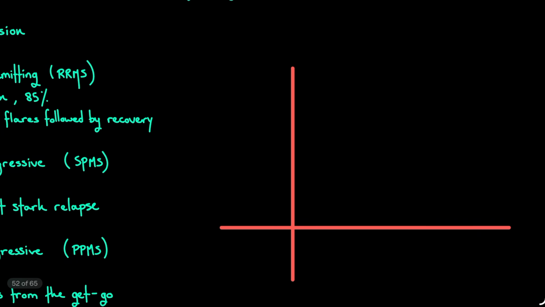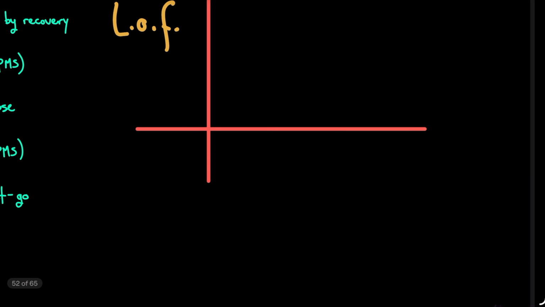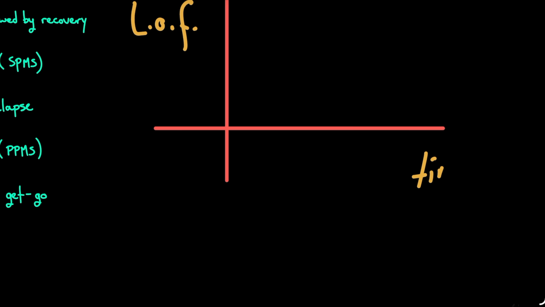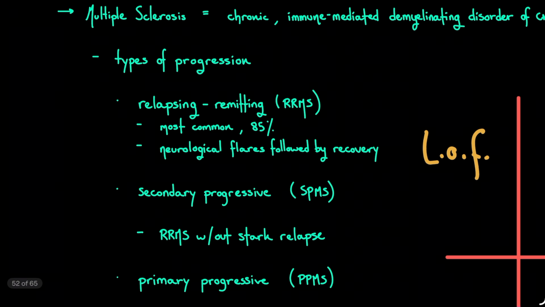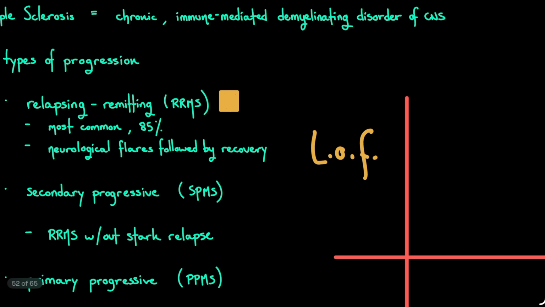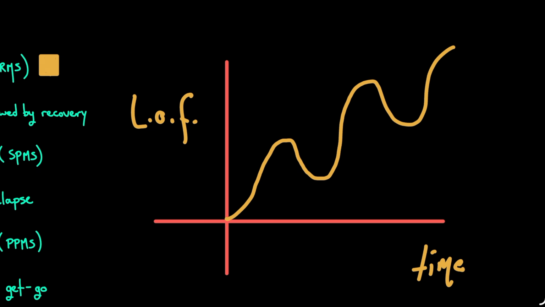We have loss of function on the Y, and time on the X. We'll say this is our RRMS. So neurological flare, I get a little bit better. Neurological flare, I get a little bit better. Flare.